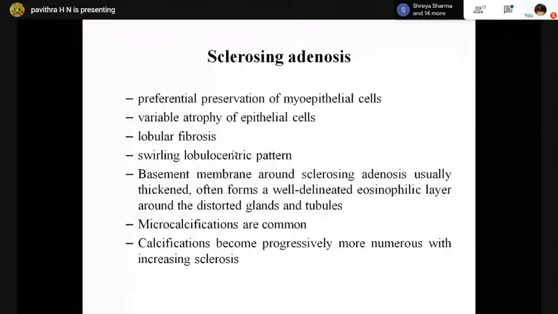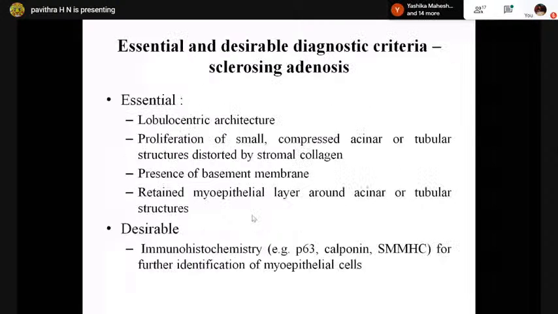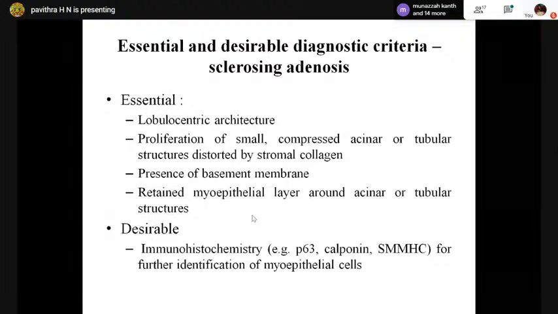And actually, in the recent WHO classification, WHO has given a few essential and desirable criteria for most of the tumors, both benign and malignant, including adenosis. In most of these cases, I would be talking about these criteria, and I'll hopefully reduce repetition.